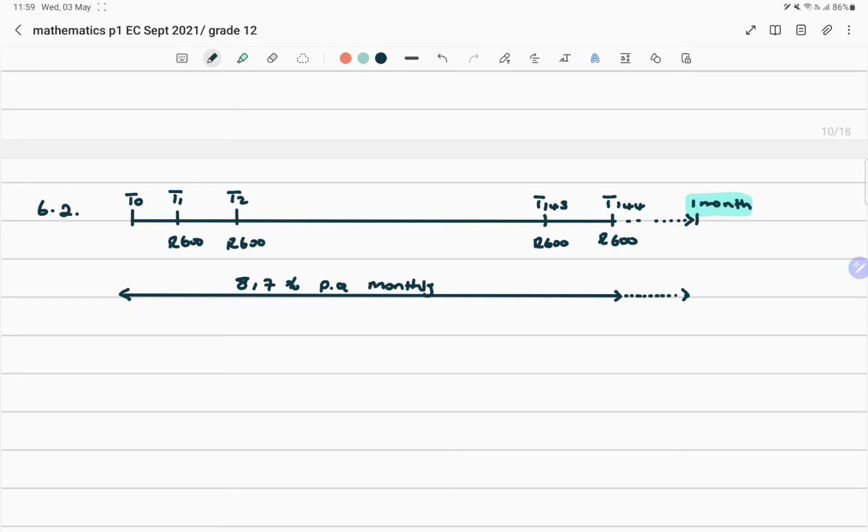So let's see. We want the amount of money that this man is going to have. So it's going to be our future value, which is going to be our x into 1 plus i to the n minus 1 over i.